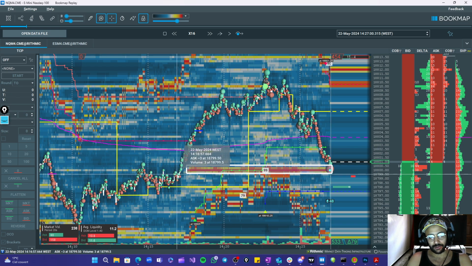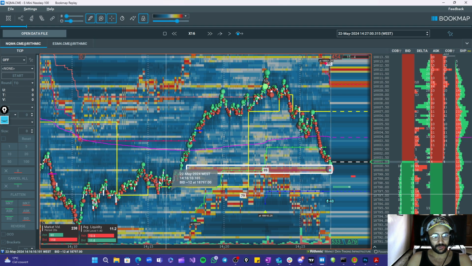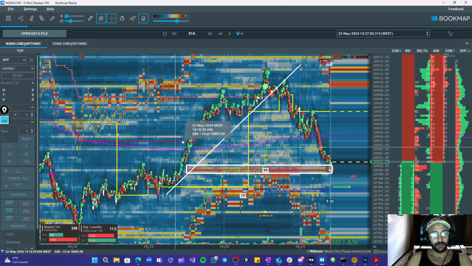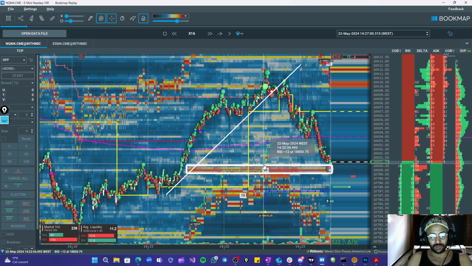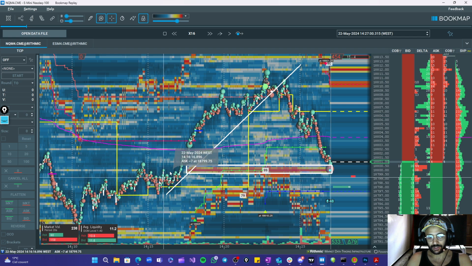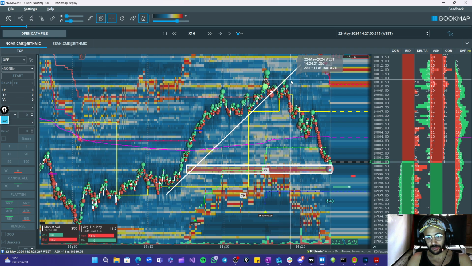The market has been in a micro uptrend. The algos detect that we had 99 contracts, that we had liquidity. So what happened? When we broke the trend, we did go to fill the liquidity.